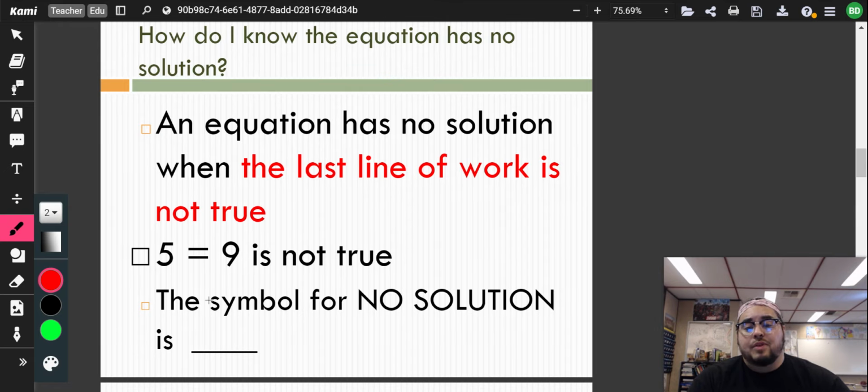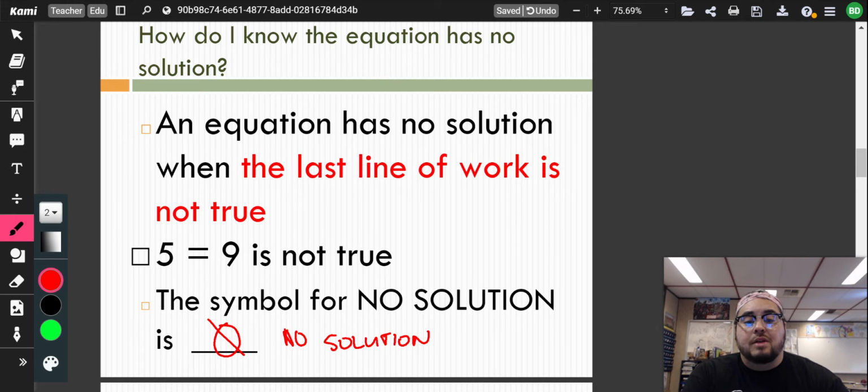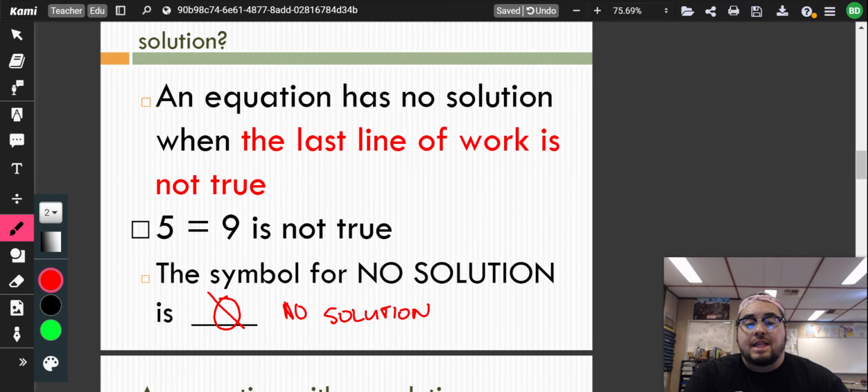The symbol that we use is a circle with a line through it, and that's called the empty set or the null set. Or you could just write out, again, no solution. The symbol is just a real nice shortcut to not having to write no solution. So again, this is a rare possibility, but it is a possibility. And now we're going to look at an example of an equation that has no solution.